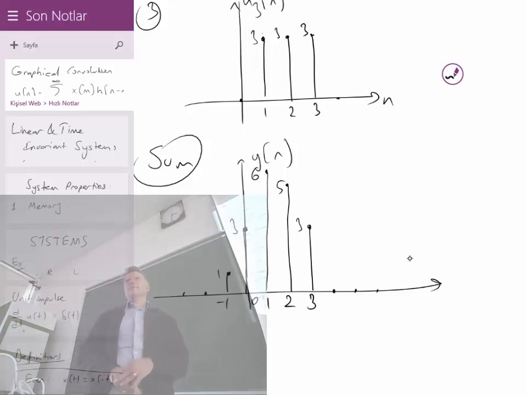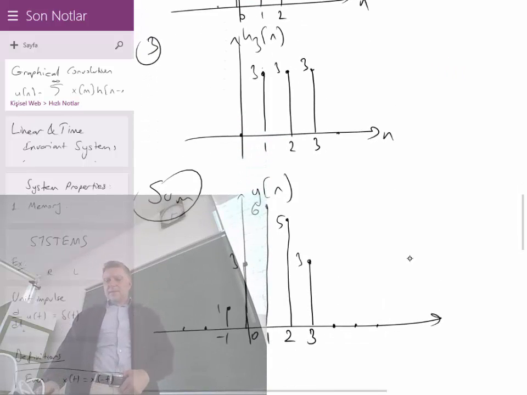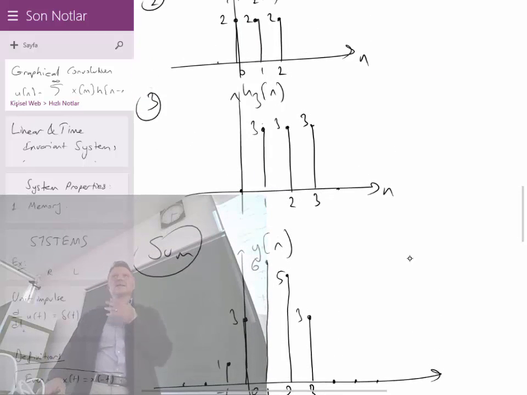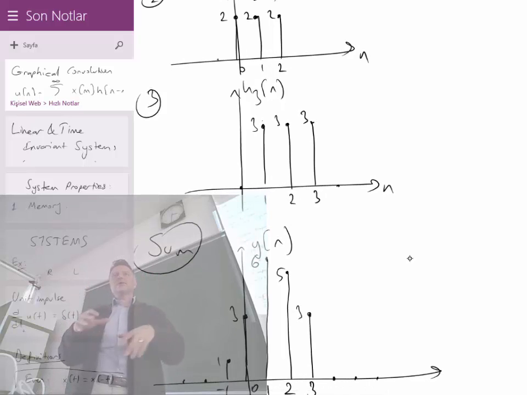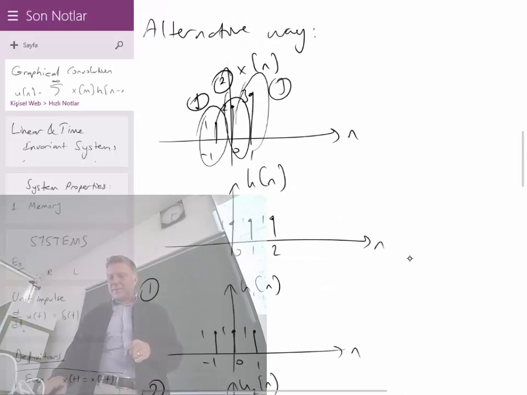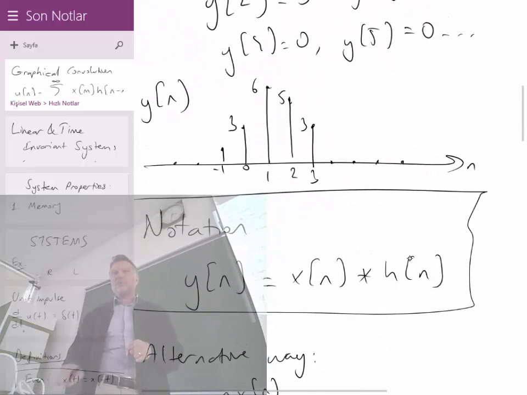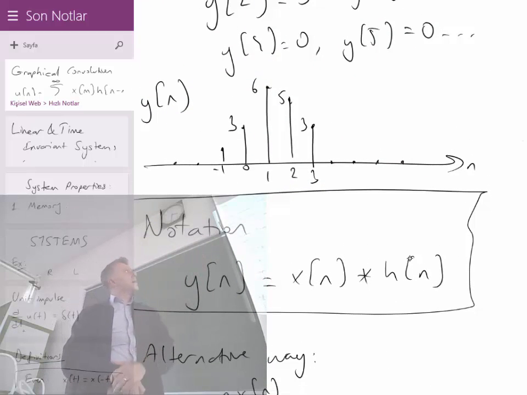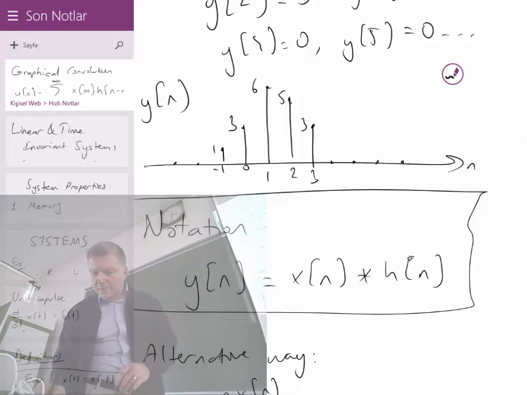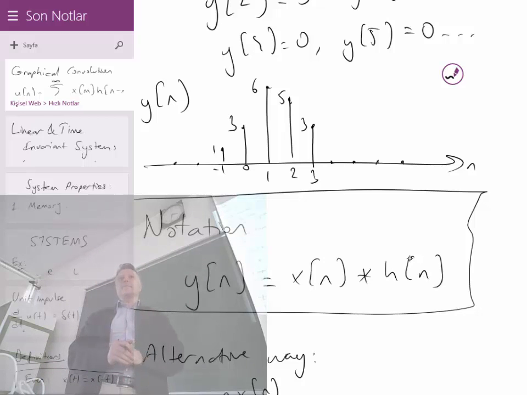Look at this y of n. Fortunately, I'm very glad because I'm just on the spot trying to solve this question. I'm happy to see that, as far as I remember, this is the same y of n as this one. 1, 3, 6, 5, 3. So they are really 2 alternative ways of looking at things.